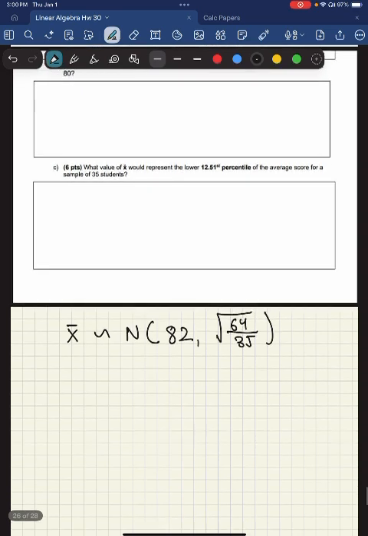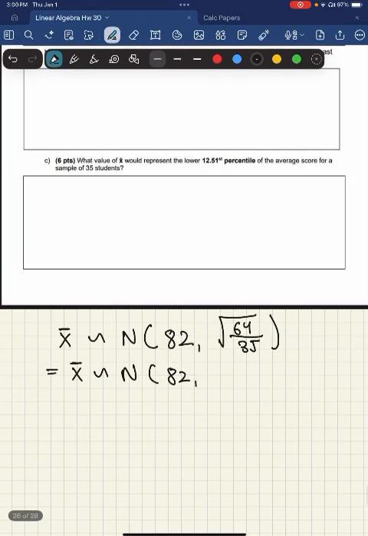So x bar follows a normal distribution with mean 82 and standard deviation 1.352. Yep, the square root of 64 over 35 is 1.352.